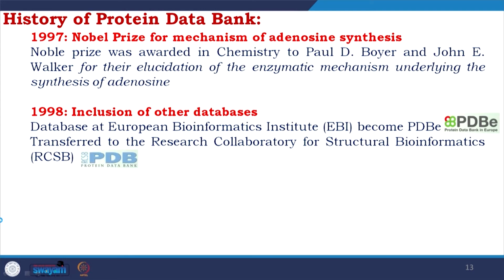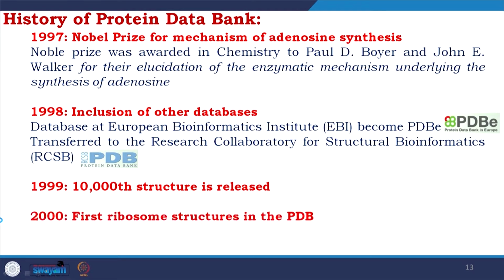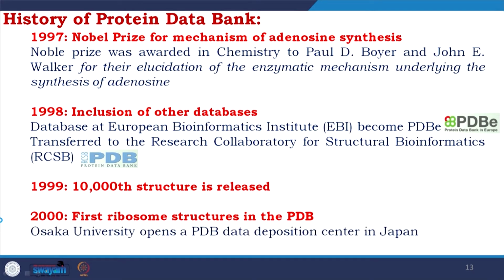So once PDBe was created, the PDB became RCSB PDB. In 1999, 10,000 structures were released from PDB. In 2000, the first ribosome structure was in the PDB, and Osaka University opened a PDB data deposition center in Japan called PDBj.